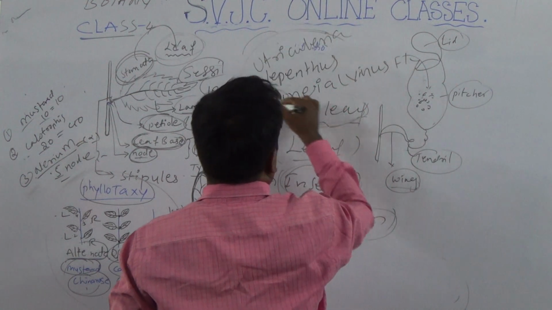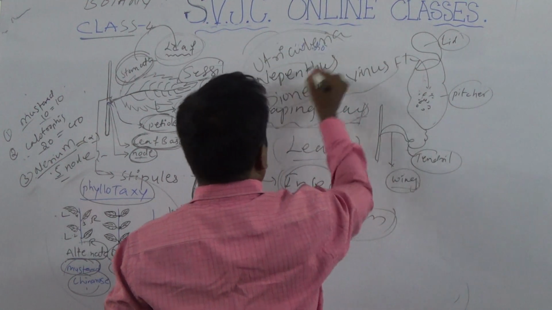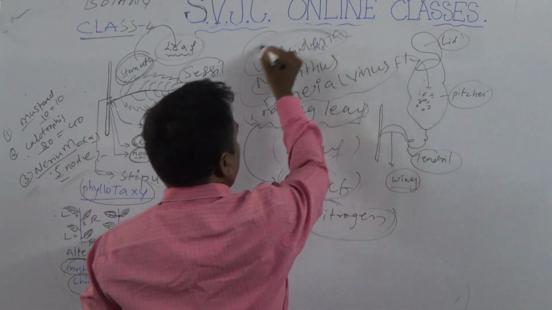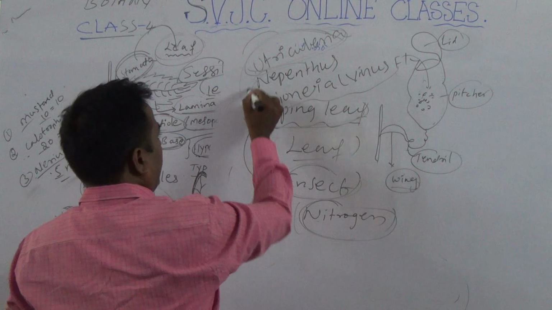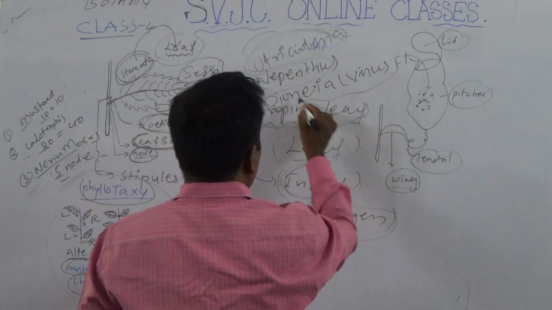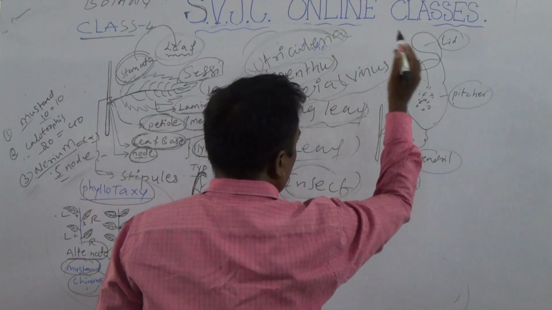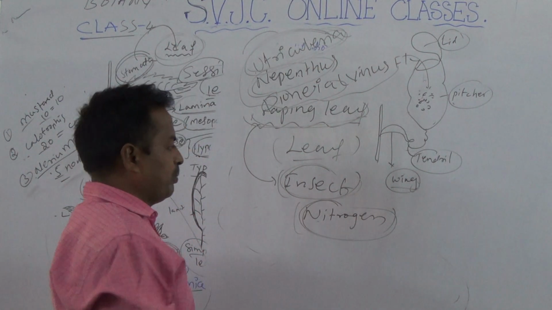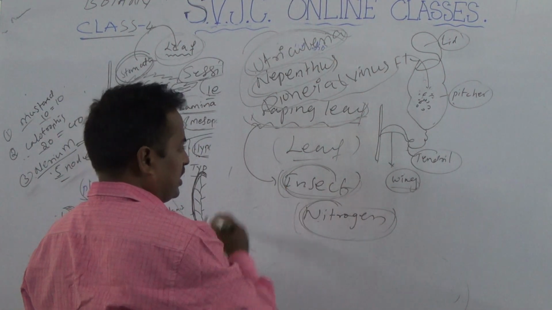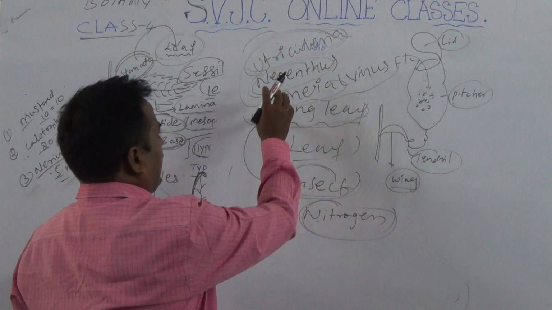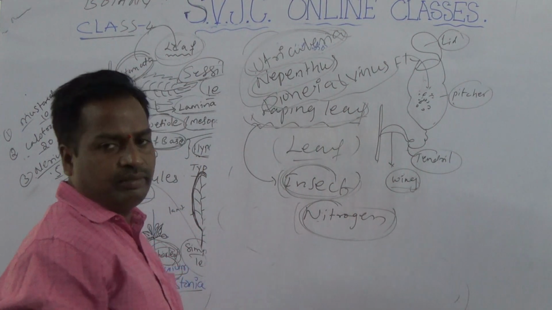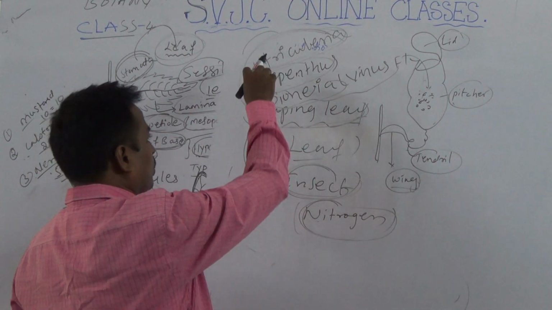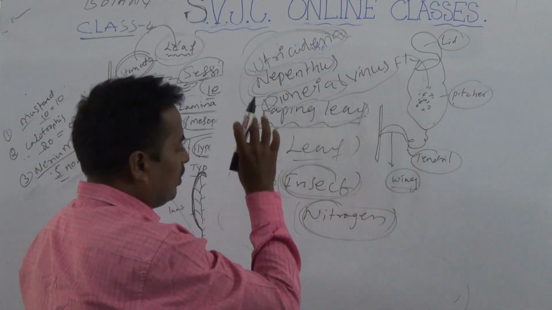So three examples: Dionaea, Nepenthes, Utricularia. Bladder leaves are reported in Utricularia, pitcher leaves in Nepenthes. They can also trap insects. For what purpose? To get nitrogen from insects. Why do those plants depend on insects to get nitrogen? Because the habitat where they grow lacks nitrogen.